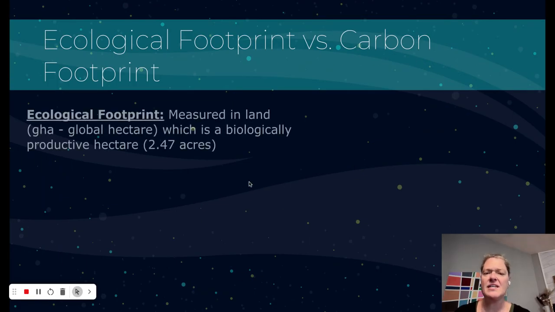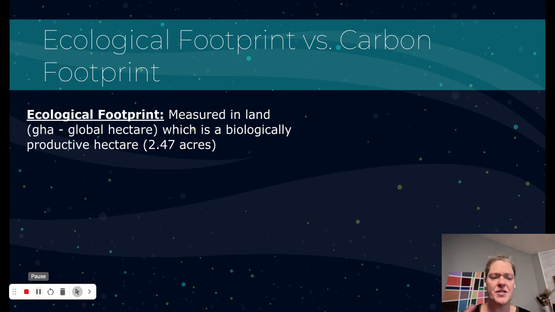And so, what exactly then, or how do we measure an ecological footprint? And what's the difference? Because sometimes you might hear it referred to as an ecological footprint, and sometimes you'll hear it referred to as a carbon footprint. So, what's the difference? Okay, so an ecological footprint is measured in land, and when we think of land, we're thinking of a hectare.